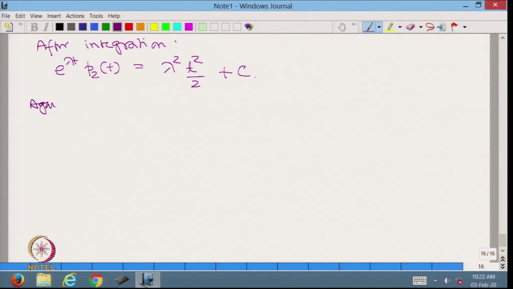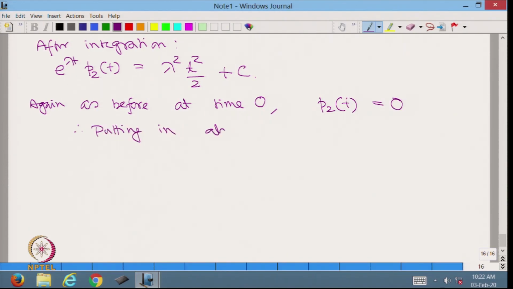Again, as before, at time 0, P2(t) is equal to 0. Therefore, putting in the above, we get c is equal to 0.